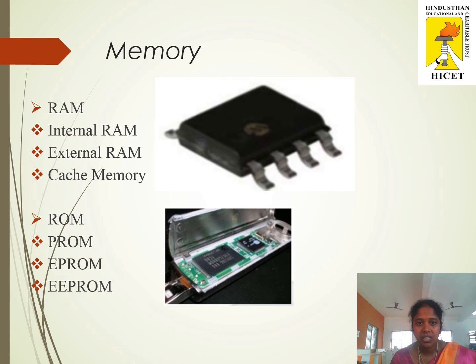Read-only memory is called non-volatile memory, that is, a permanent storage of information. It can be classified as programmable read-only memory, erasable programmable read-only memory, and electrically erasable programmable read-only memory. So these are the types of ROMs and RAMs used in an embedded system.